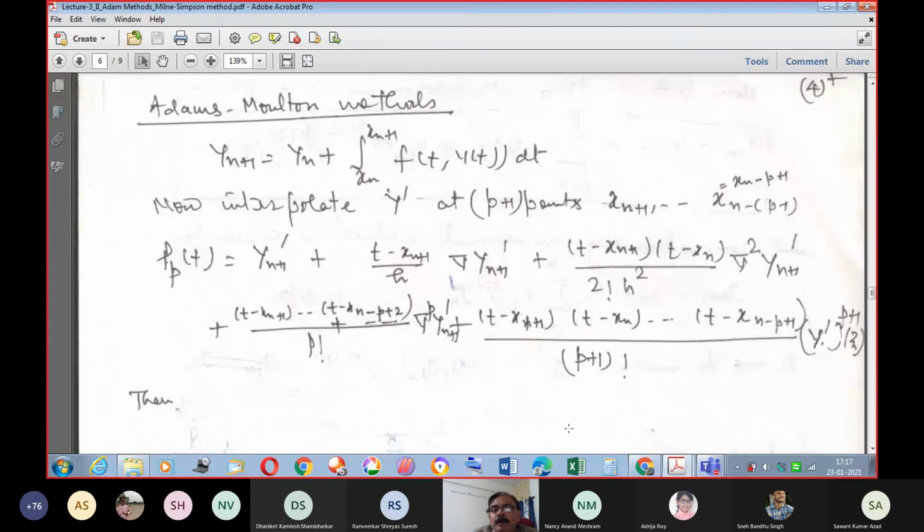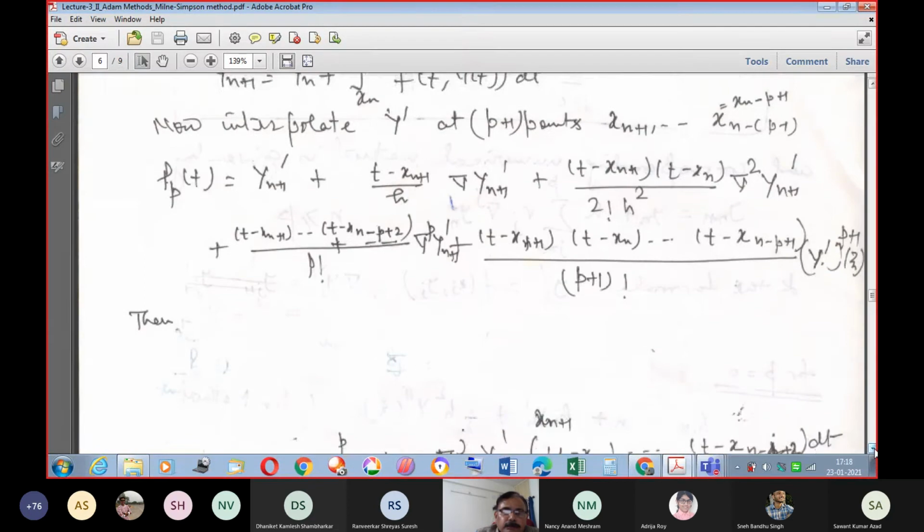And the error term will have all the terms, so that is your t minus xn plus 1 to t minus xn minus p plus 1, divided by p plus 1 factorial, and then the p plus 1 derivative of y prime, exactly the same way, because the number of points is not different. The only thing is, it is shifted. And now we'll just integrate all the individual terms from xn to xn plus 1, and then whatever comes will provide the method, basically your Adams-Moulton methods.